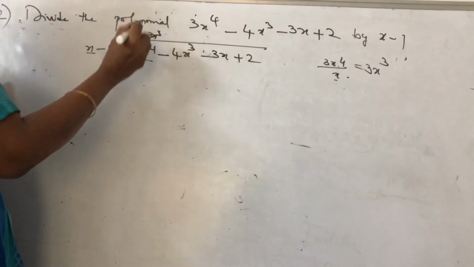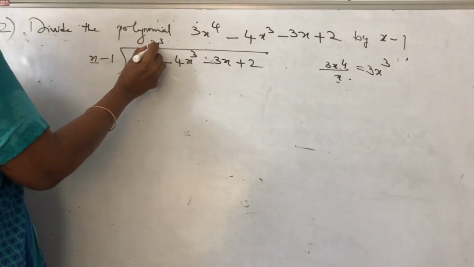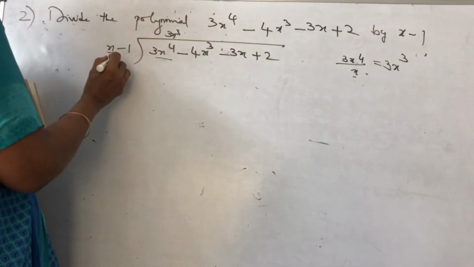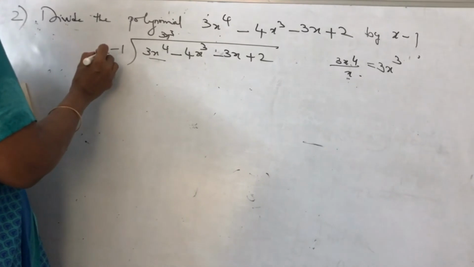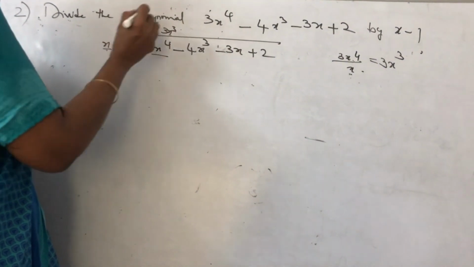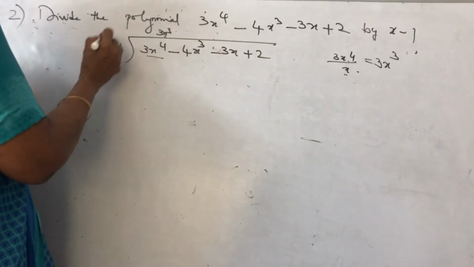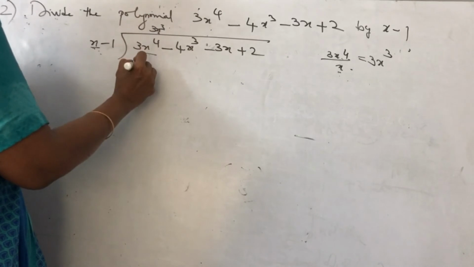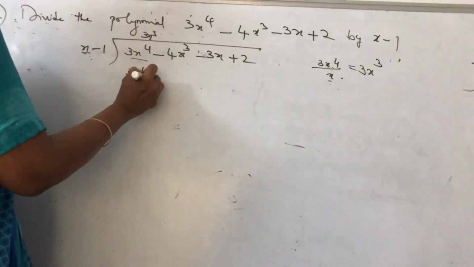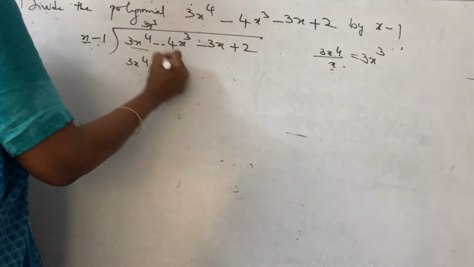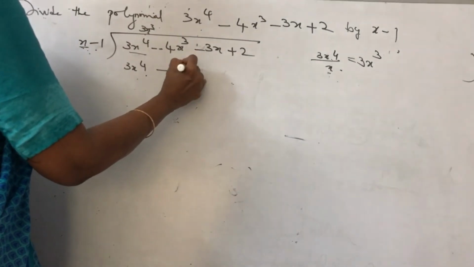The first term in the quotient is 3x cubed. Second step is, children, divisor into quotient. Plus into plus, plus x into 3x cubed, 3x to the power of 4. Minus into plus, minus 1 into 3x cubed, minus 3x cubed.